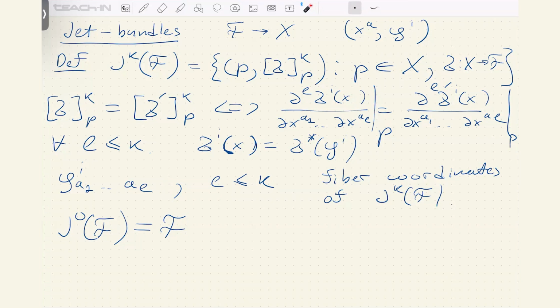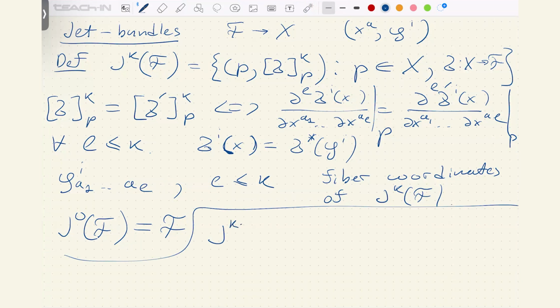Okay, very good. Then we have a canonical projection. So if we have J^{k+p}, for instance, there is a projection to J^k. It acts in a very simple way.